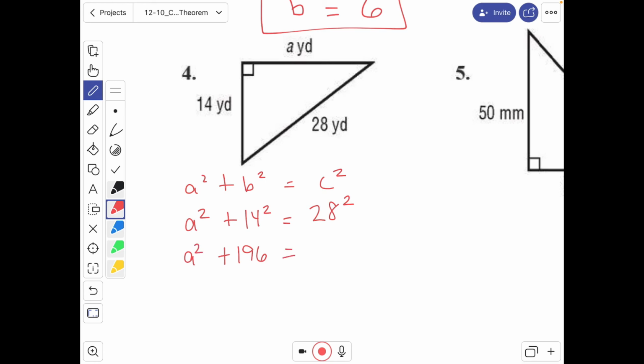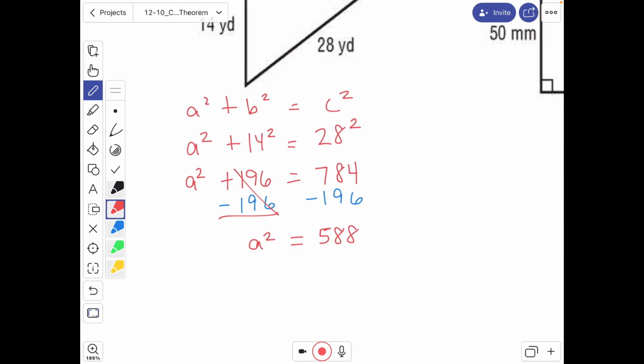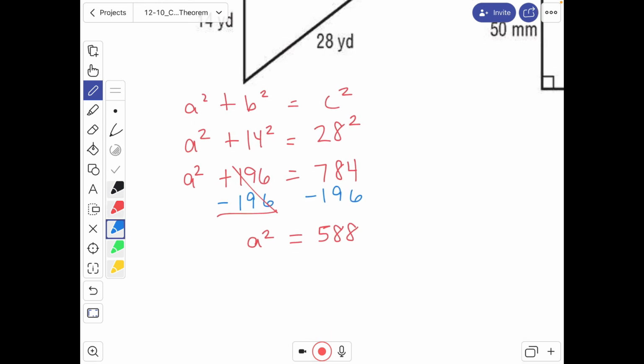And we still don't know what a squared is, so leave that alone. And 28 times 28 is 784. And then again, we want to get a squared alone, so I need to subtract the 196 from both sides to get him away from that variable. The 196's will cancel, and a squared is by himself. And then 784 minus 196 is 588.